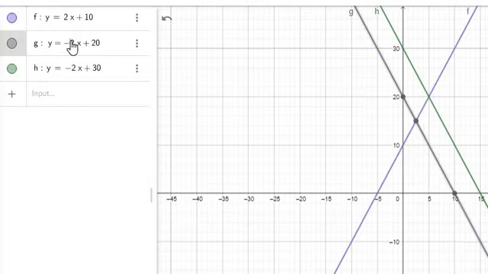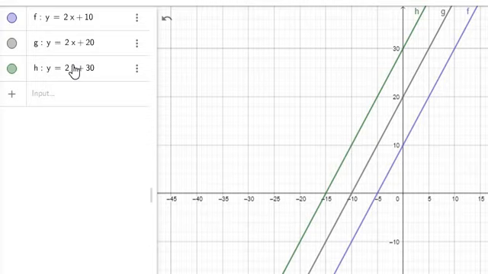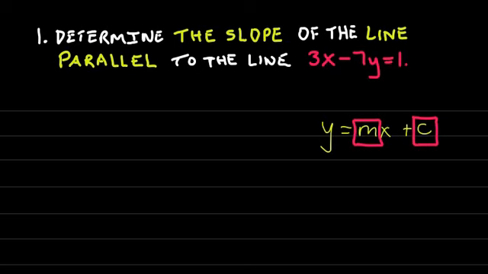Because all those graphs were sloping downwards, given a negative gradient. Now they're all positive too, and as we can see, all the graphs are sloping upwards. So we have learned several things about gradients. Positive gradients slope upwards, negative gradients slope downwards, and lines having the same gradients will be parallel.